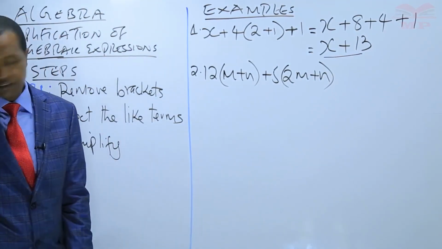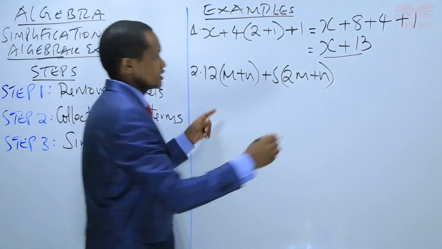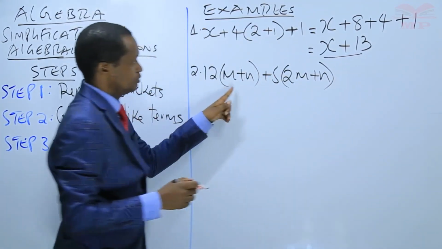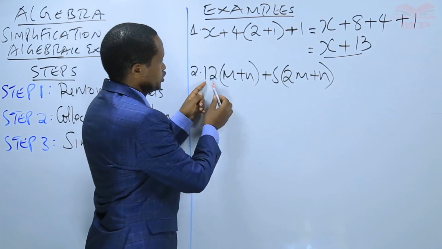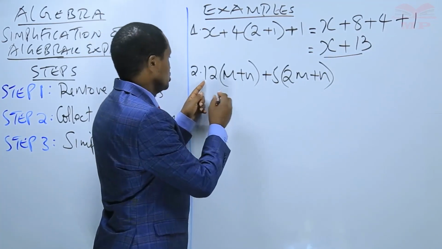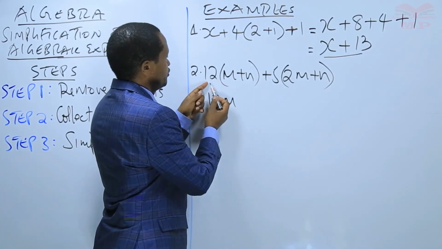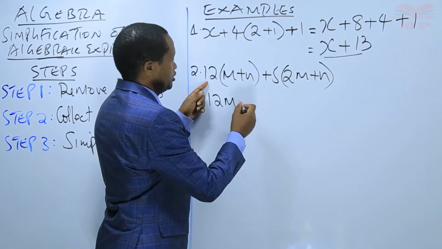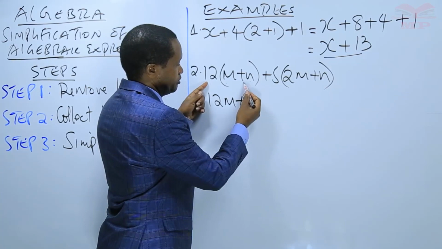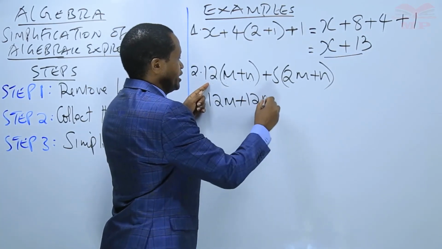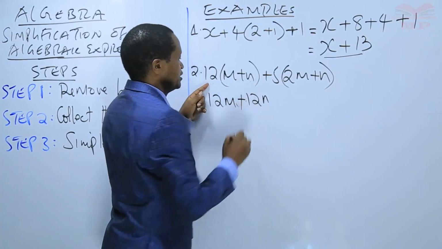How do we simplify? Step number 1, remove the brackets. So 12 times m is equal to 12m. 12 times n will be equal to plus, it's a positive sign here, 12n, that is 12n.